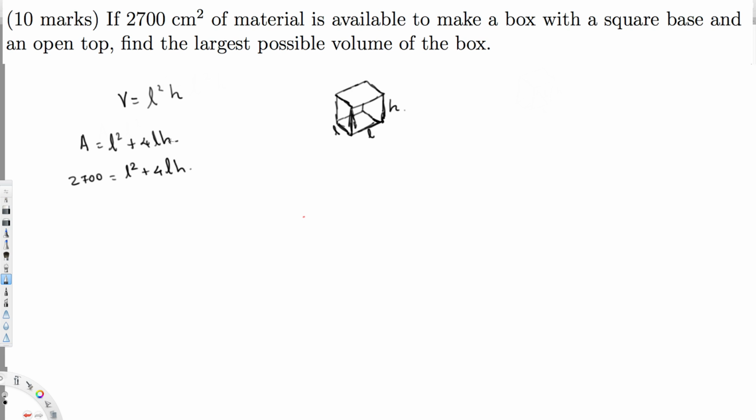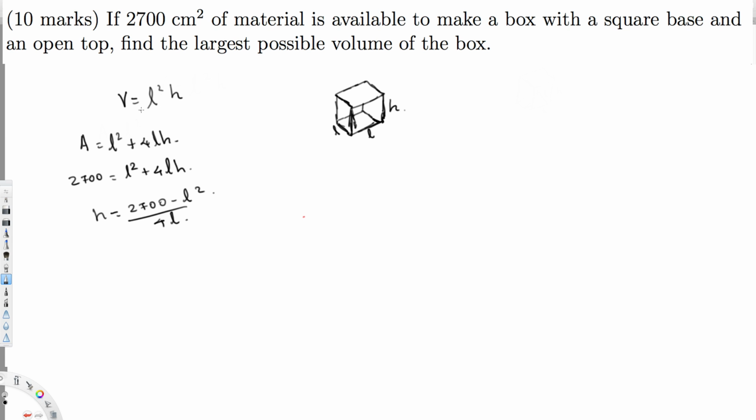Now I can bring this equation into terms of H. First of all, 4LH is going to be 2700 minus L squared, and if we divide this by 4L, that's going to be my H. Since we have H right here, we can substitute it into the first volume equation.